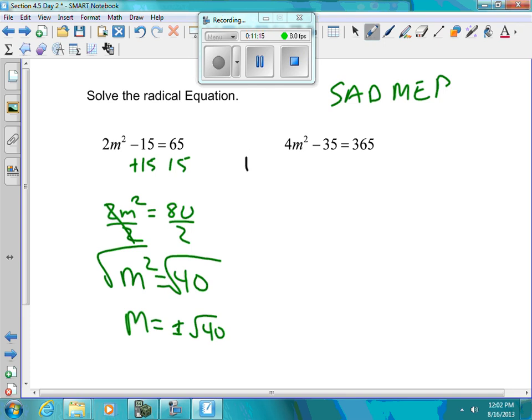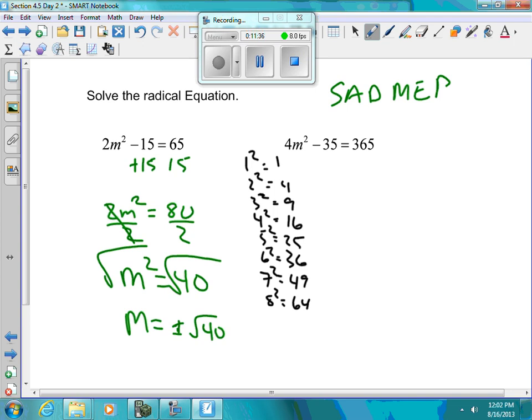Hopefully you made your list of perfect squares. 1, 4, 9, 16, 25, 36, 49, and 64. We're way past it, right? So 40 would be right about here on the list. 36 won't divide it. 25 won't divide it. 16 won't. 9 won't. But 4 will.